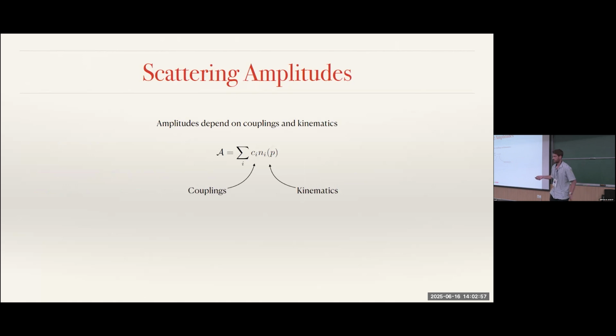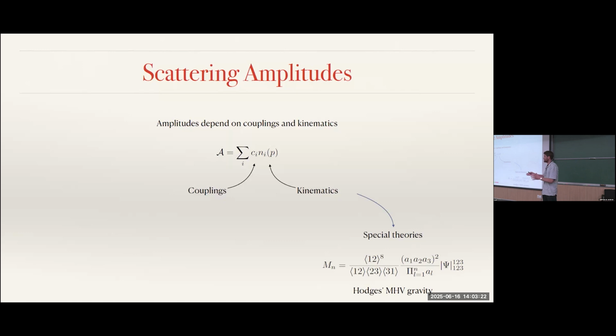And the setup is that you specify your theory, presumably a simple theory that you have some control over, and then you try to expose all the properties you can and maximize its simplicity. Here's one example. If you compute gravity amplitudes in the MHV sector, it can be captured to any multiplicity by Hodges' formula.